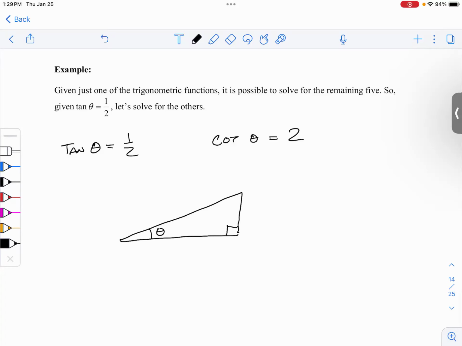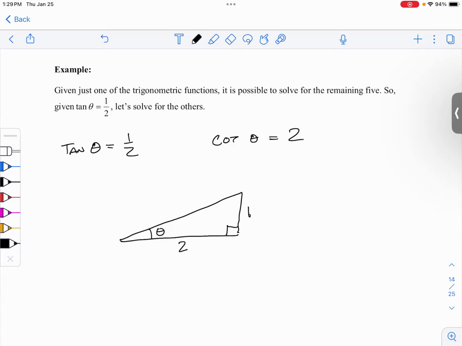Tangent is what over what? Opposite over adjacent. If I know that I have opposite over adjacent, can I solve for the hypotenuse using what fundamental theorem?